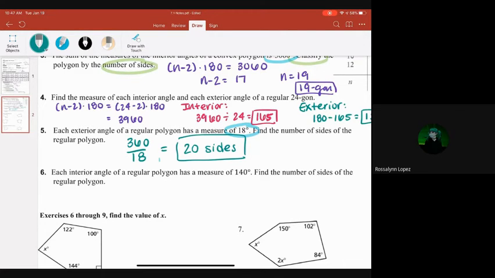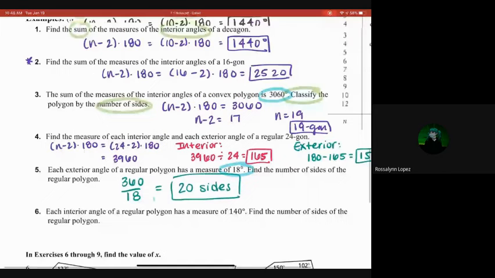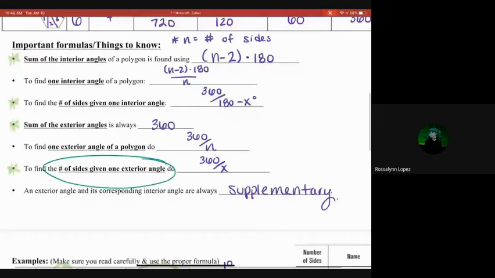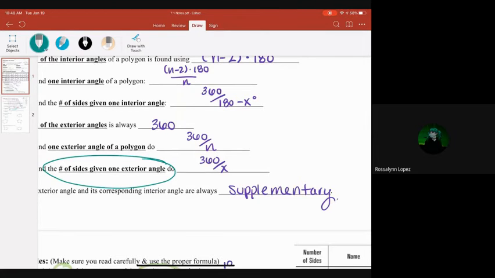Okay. And then each interior angle of a regular polygon has a measure of 140. Find the number of sides. Let's see, is there a formula for it? Find the number of sides given one interior angle. There is. Now, here's the other nice thing about these formulas.